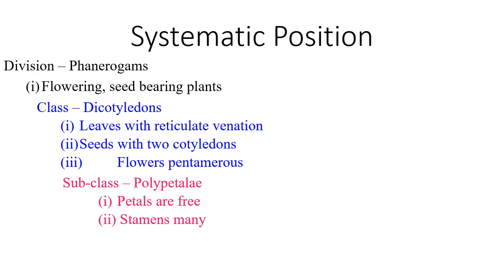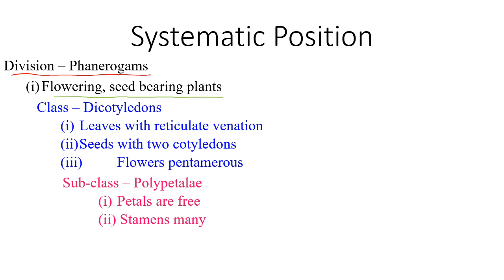Now let us move to the systematic position according to Bentham and Hooker's system of classification. So let us begin with division. The division is phanerogams, and here see the reasons behind that. It is a flowering and seed bearing plant, that's why it is phanerogams.